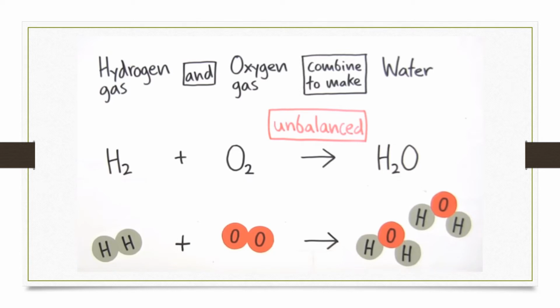Remember, we cannot just add 1 oxygen atom because oxygen is joined to hydrogen on the product side. Now, if we count atoms, we see that the number of oxygen atoms is balanced, but the number of hydrogen atoms is no longer balanced.